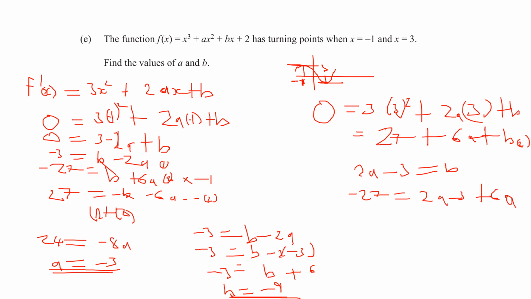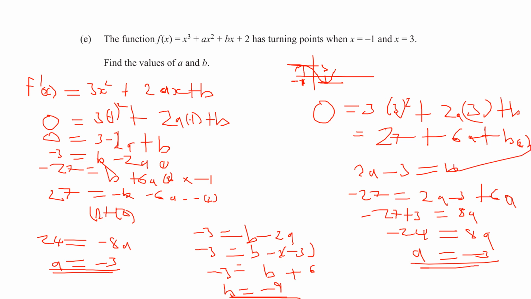And then we would have had minus 27 plus 3 is equal to 8a, which is minus 24 is equal to 8a, and still a would have been equal to minus 3. So either by substitution or by elimination, whichever method you choose, you'll get the same answer.